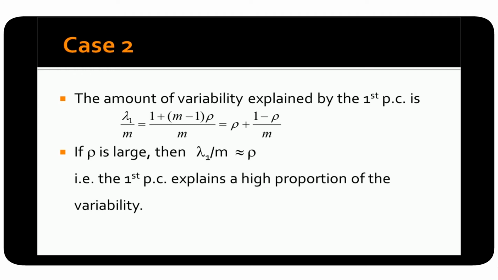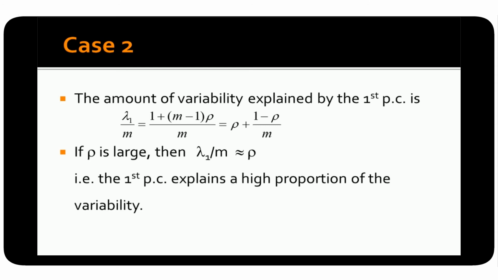So, that is the total population variation explained by the first principal component, and you can see that this is almost equal to rho if either rho is very close to 1, which means the second term is almost 0, or if m is very large.